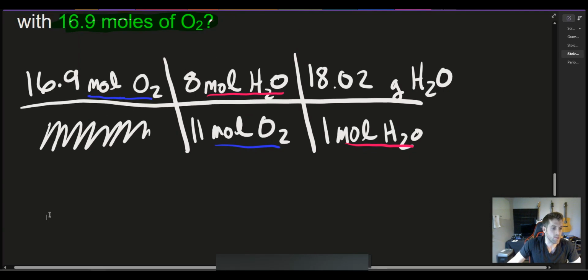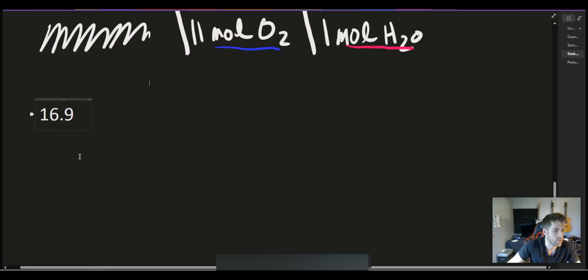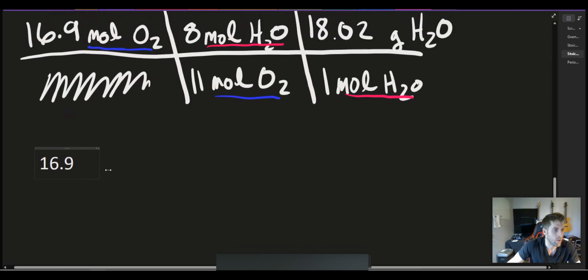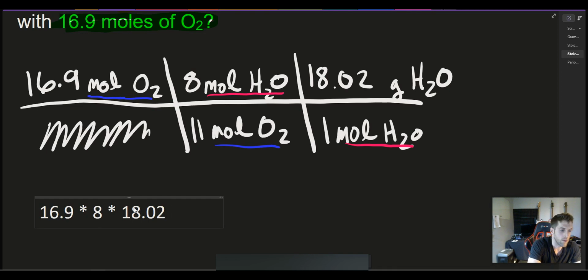We can simply multiply the top and divide by the bottom now. 16.9. Pulling this back up. 16.9 times 8 times 18.02 divided by 11.